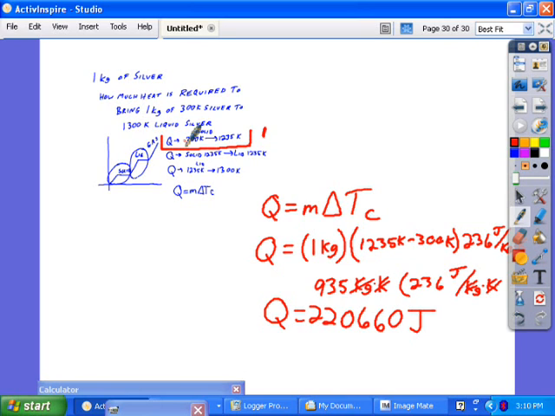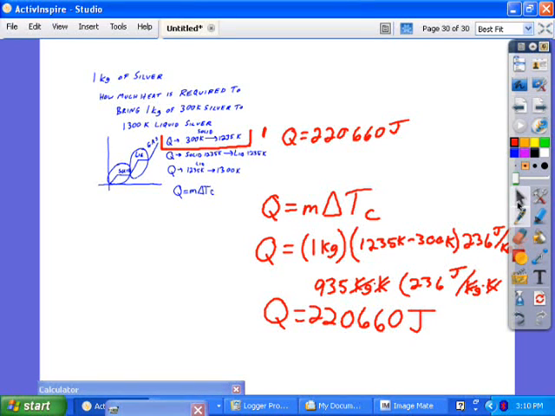To get from cold silver to hot silver, I need to add in Q of 220,660 joules. Now the next step, I need to go from solid silver to liquid silver.